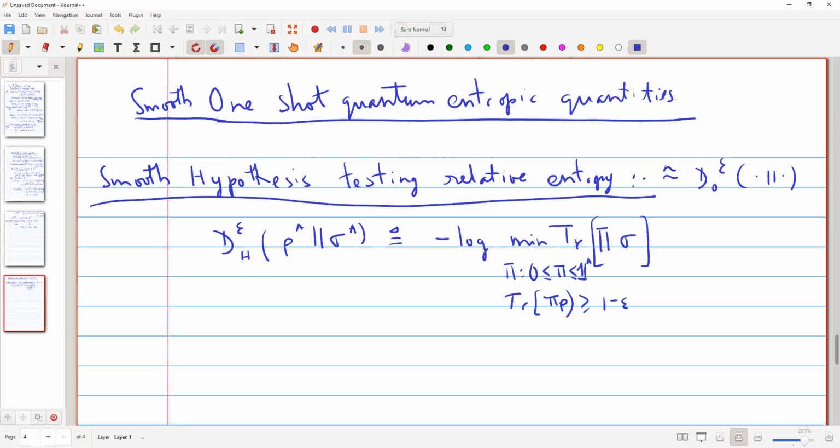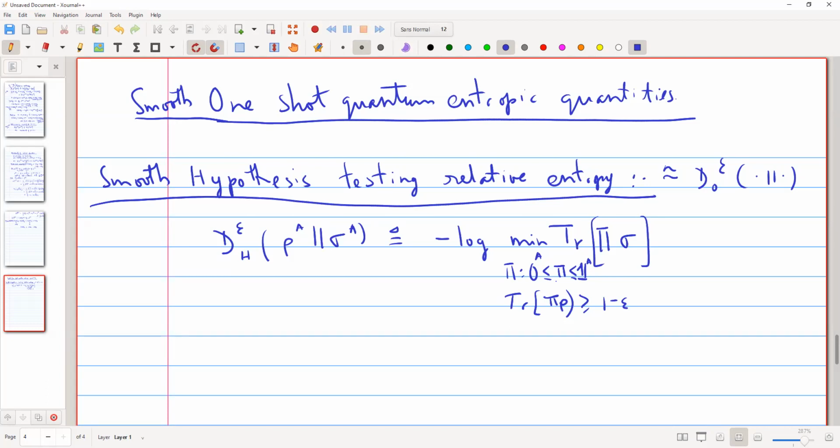The notation 0 less than or equal to pi: 0 is the all zeros matrix in the system A. In this notation for matrices, if I have two Hermitian operators, M is less than or equal to N is defined to mean that the operator N minus M, which is of course Hermitian, is positive semi-definite.